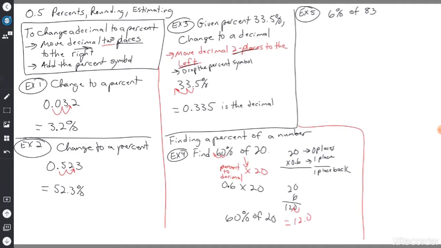So again, if the percent here is before the word of, then that's going to be multiplication.